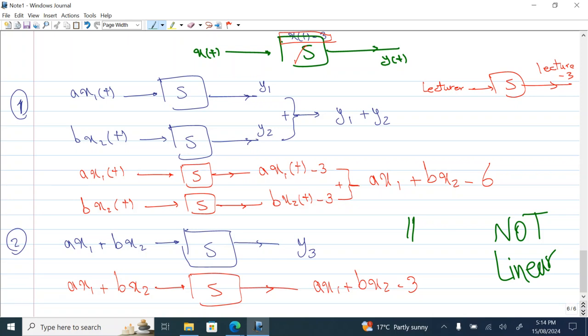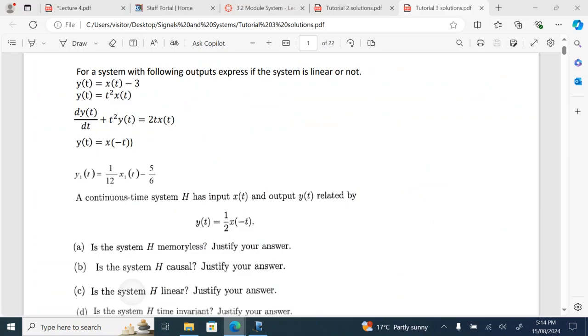You good? All right. So, y(t) equal to t squared x(t). Grab a piece of paper. Find if this is linear or not. Okay, second one. And do not look at the solution. It's already available on Canvas. But just try to solve it yourself. Believe me, that's the effective way of learning.